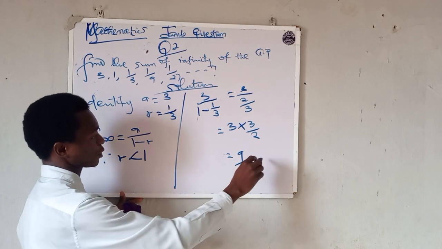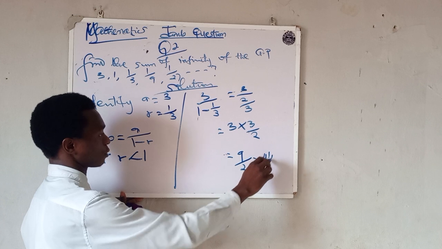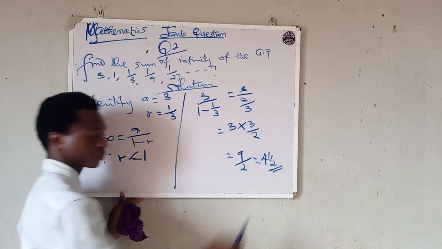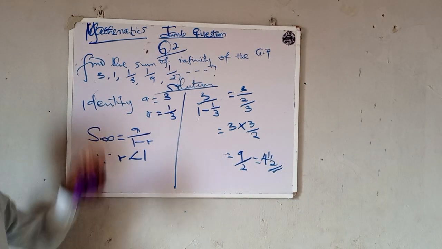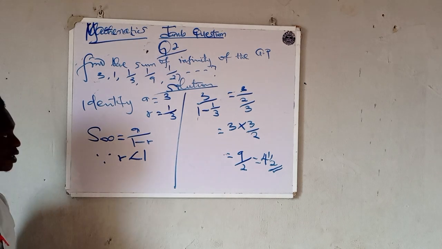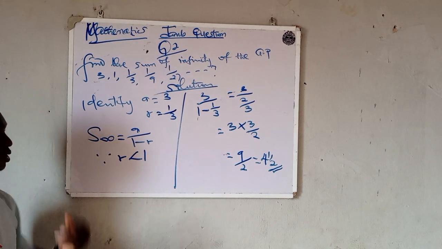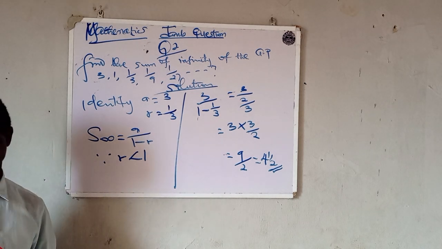When you divide 9 by 2, you have 4 1/2. Therefore, the sum to infinity of the GP is 4.5. That is the answer to this case.